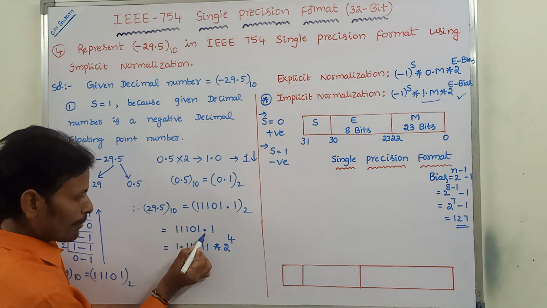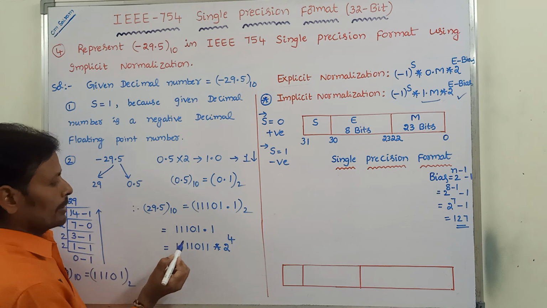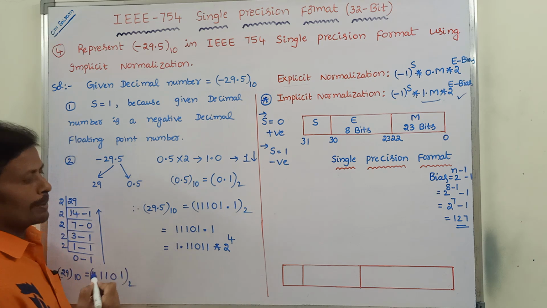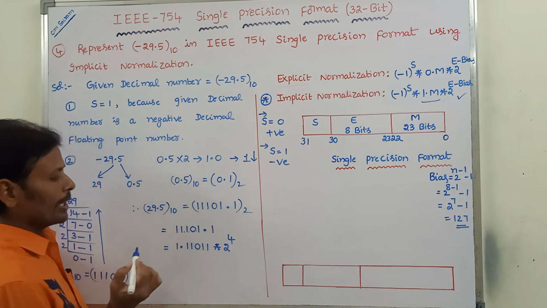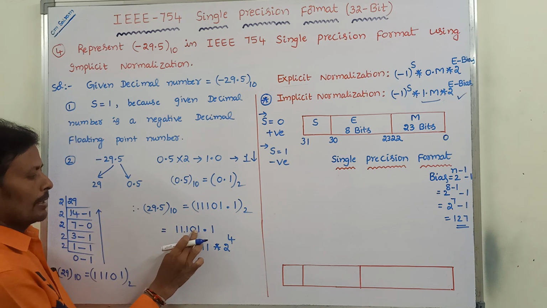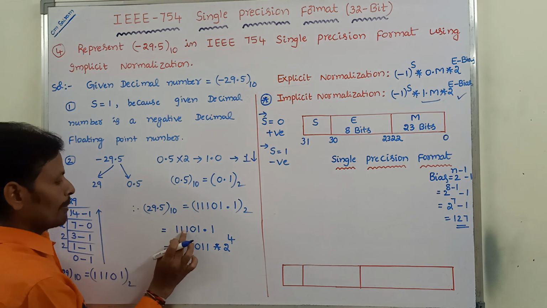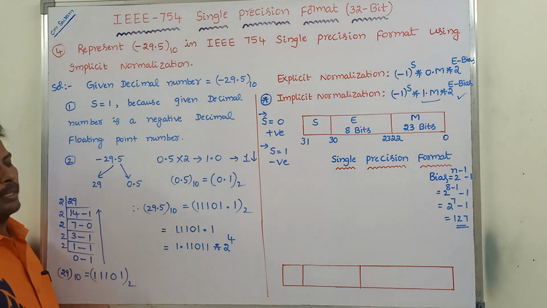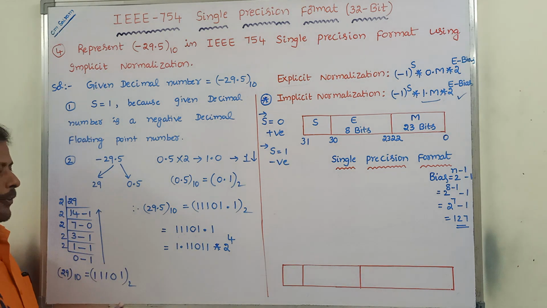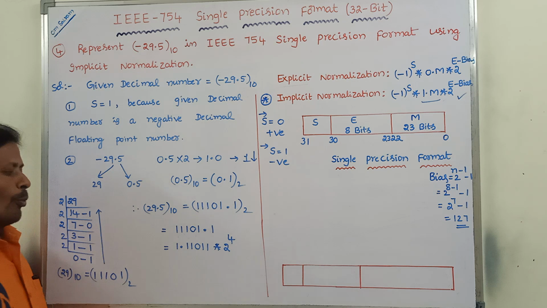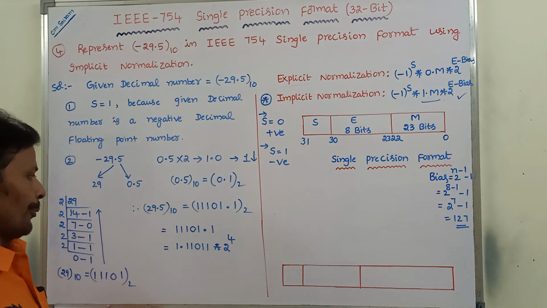The first move is multiplied with 2 power 1, the second move with 2 power 2, the third with 2 power 3, and the fourth with 2 power 4. So finally we are getting 1.11011 into 2 power 4.